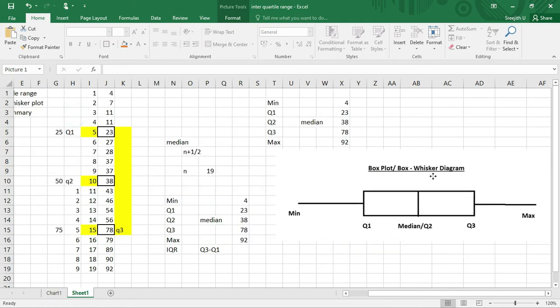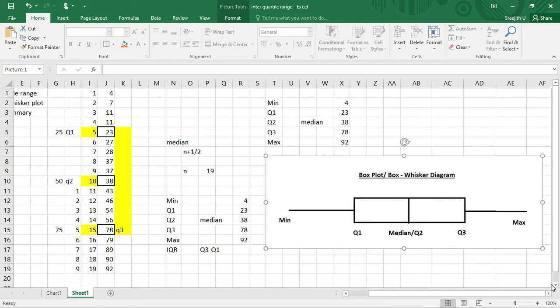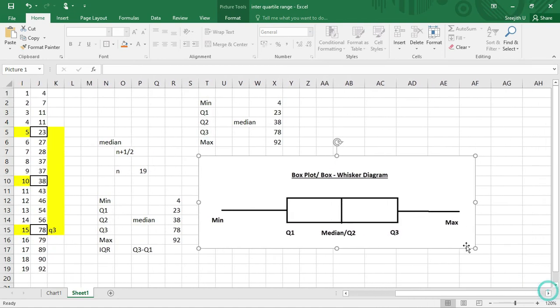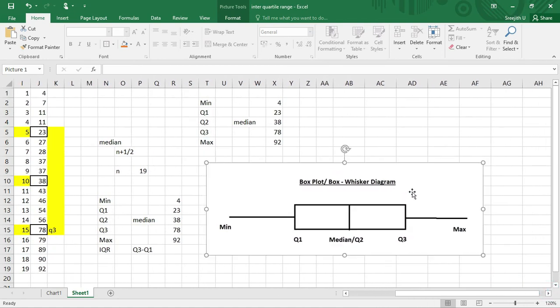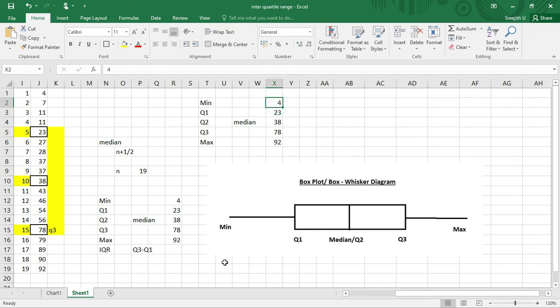So the box and whisker plot is a graphical representation of the 5-point summary. The minimum is 4, Q1 is 23, Q2 is 38, Q3 is 78, and the maximum value is 92.